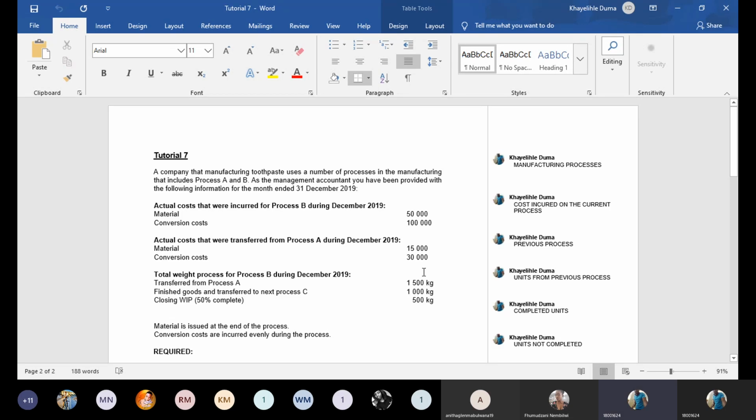And then now we have to go to the work in progress or work in process units. And then in the information, you see it's saying that closing work in progress is 50% complete, and then it's 500. So in general, you're supposed to take this one with this 500 and write it as the work in process units. But then now, because this is material, there's a condition, and I wrote that condition on these notes.